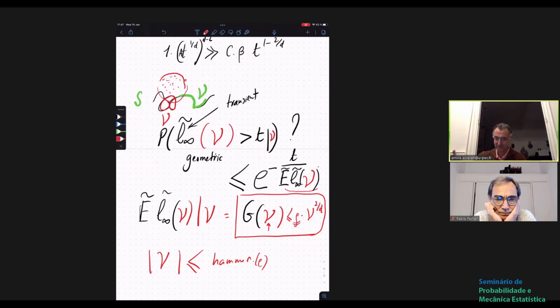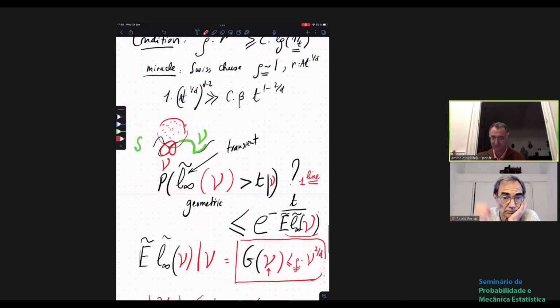If this is less than t to the 2 over d, you can forget about it. In this way, we could get rid of all the low density values. So it's really elementary. This is a one-line computation, just using the fact that it's a Markov process.